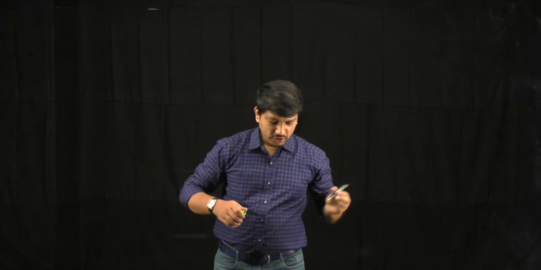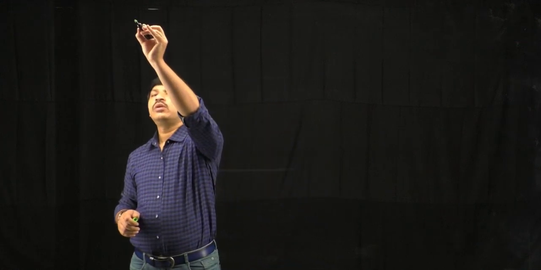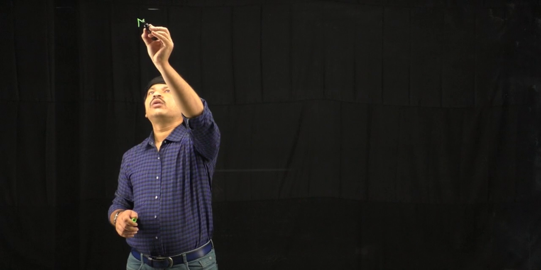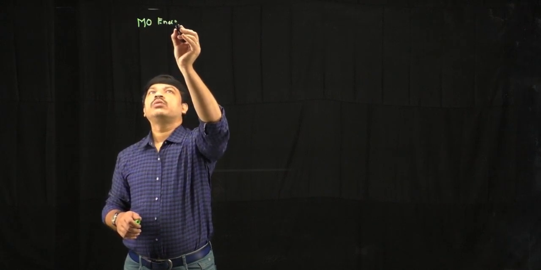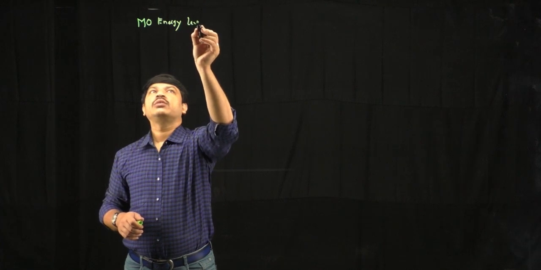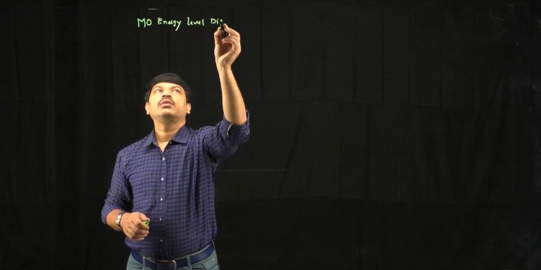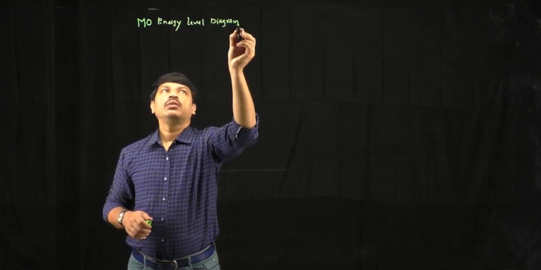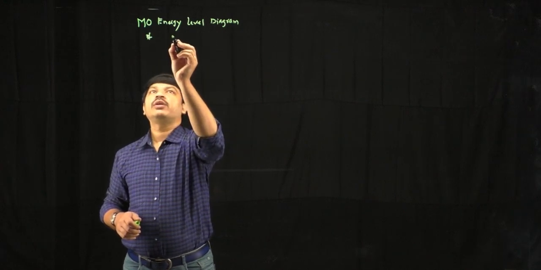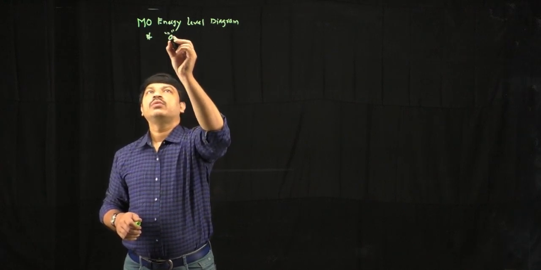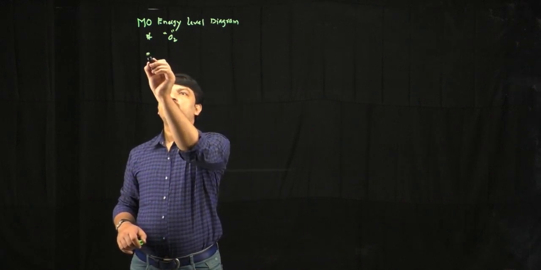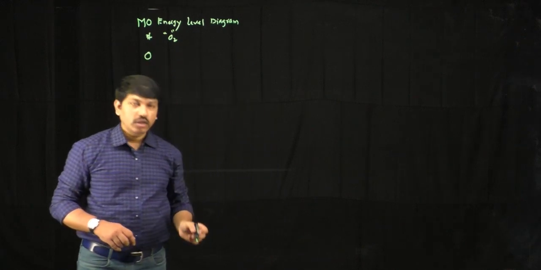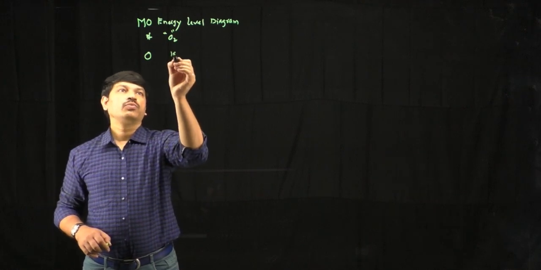Okay, so today I'm going to show you the MO energy level diagram of the O2 molecule only. Okay, so what is the oxygen electronic configuration?